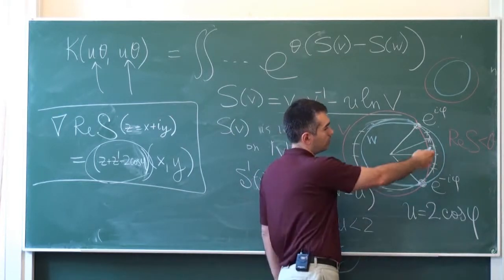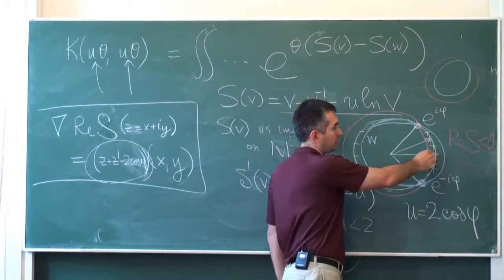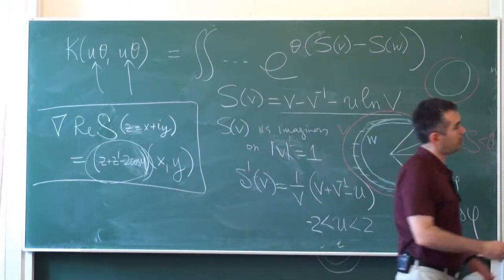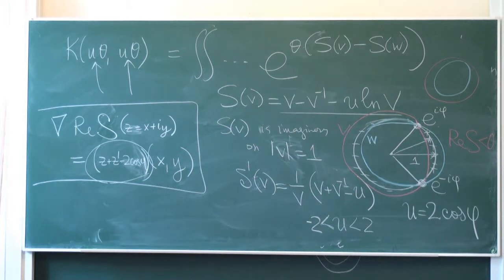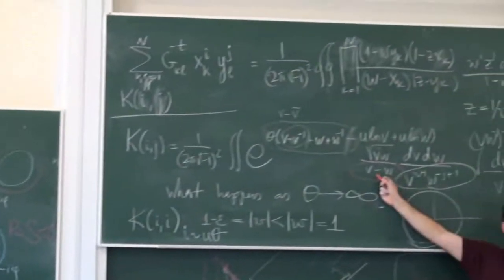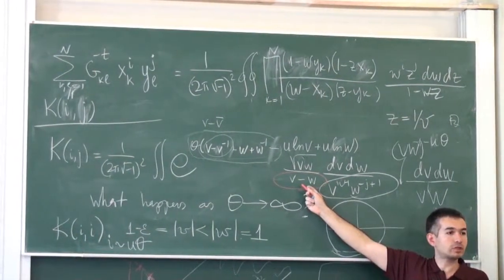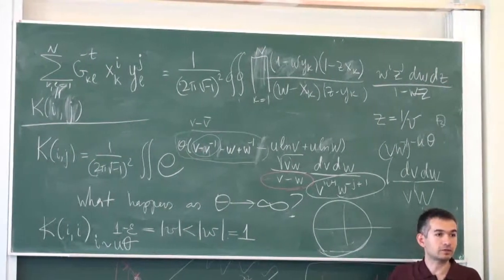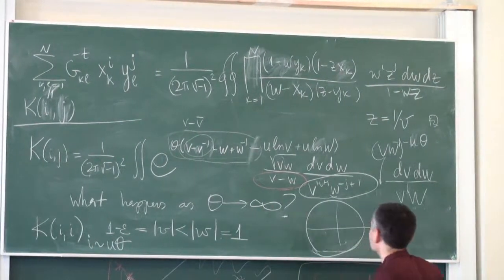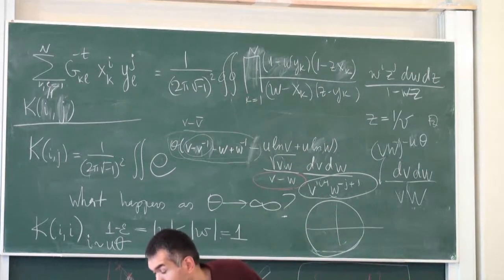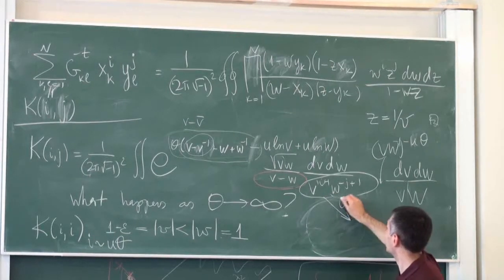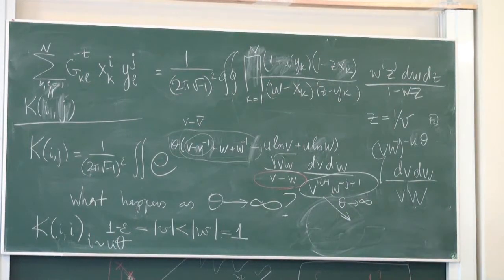Now you see, when I move the contours like that, I need for the contours to pass through each other. If you go back to the formula for the integral, there is a factor here that doesn't like V and W being equal. Well, that just means that I need to pick the residue that corresponds to this factor. Now the conclusion is that this integral converges, as theta goes to infinity, to the residue.